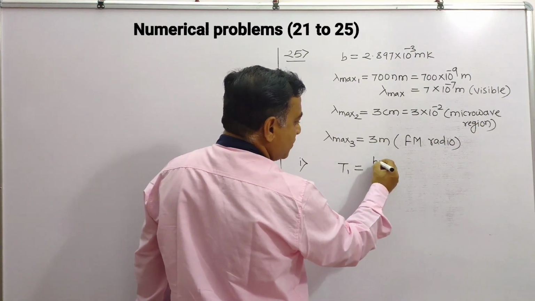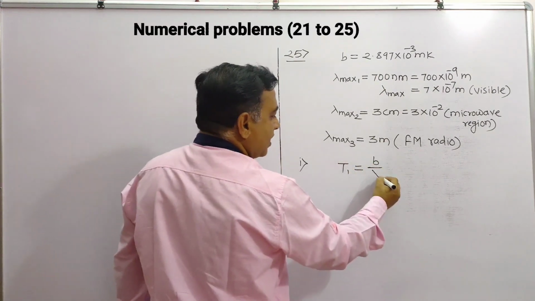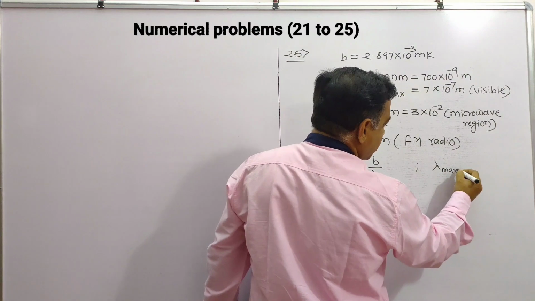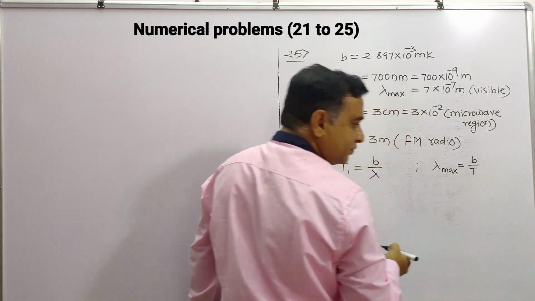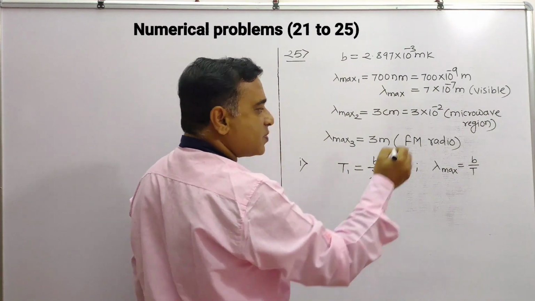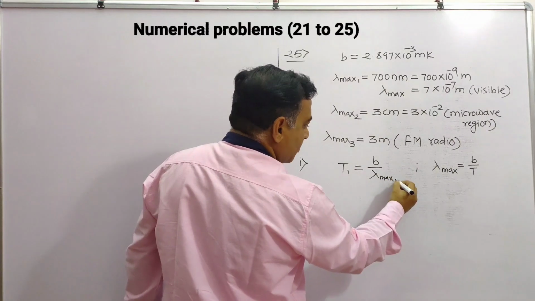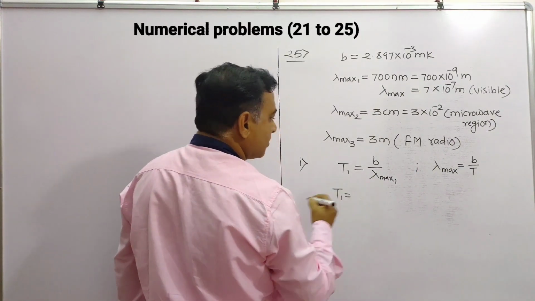For that one, the first step is to calculate the temperature. That is T1 is equal to B upon lambda max 1. The basic equation is lambda max is equal to B upon T, according to Wien's displacement law. Obviously this is a modified equation. So what about the temperature?